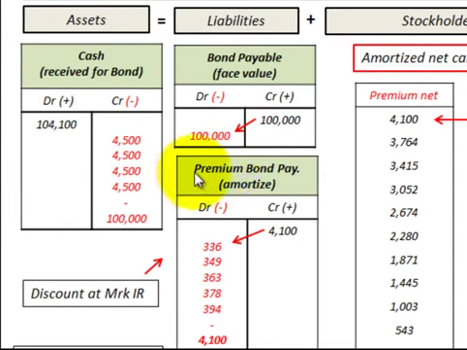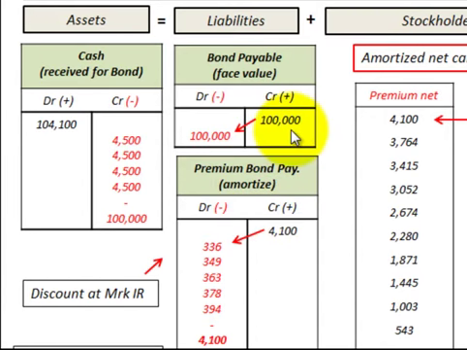So we do that through a valuation account called premium on bonds payable, and that increases the bonds payable amount. That would be the balance between $100,000 and $104,100. So we credit the premium on bonds payable for the $4,100 amount. That makes our debits and credits equal.